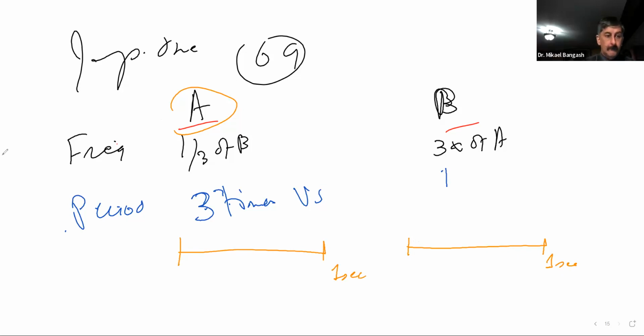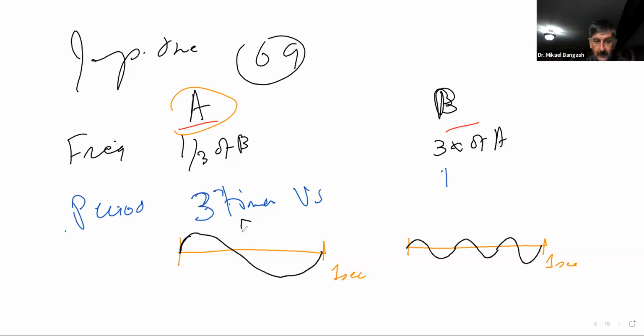Sound wave A has a frequency of 1 cycle per second, whereas B has a frequency of 3 cycles per second.